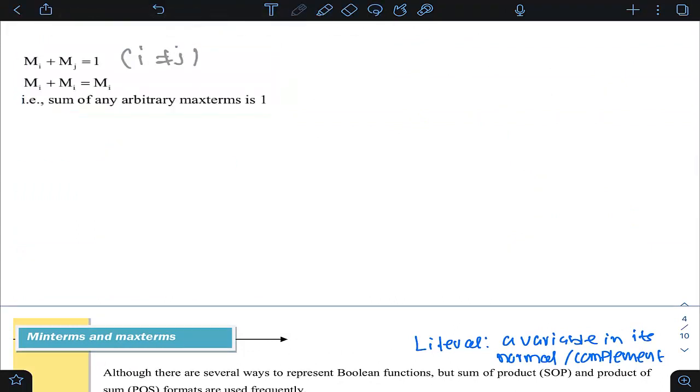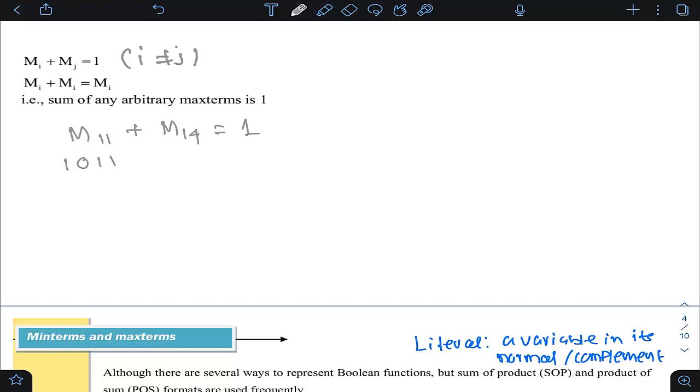Okay. Now, again, let us go with a 4 variable case. Let's say maxterm 11 plus maxterm 14. The property says it should be 1. Maxterm 11: what is the binary combination of 11? 1, 0, 1, 1.